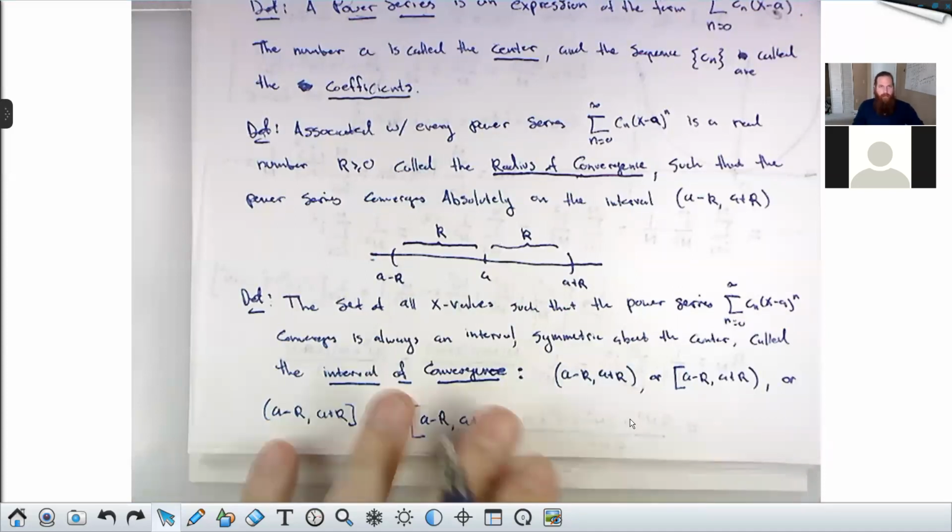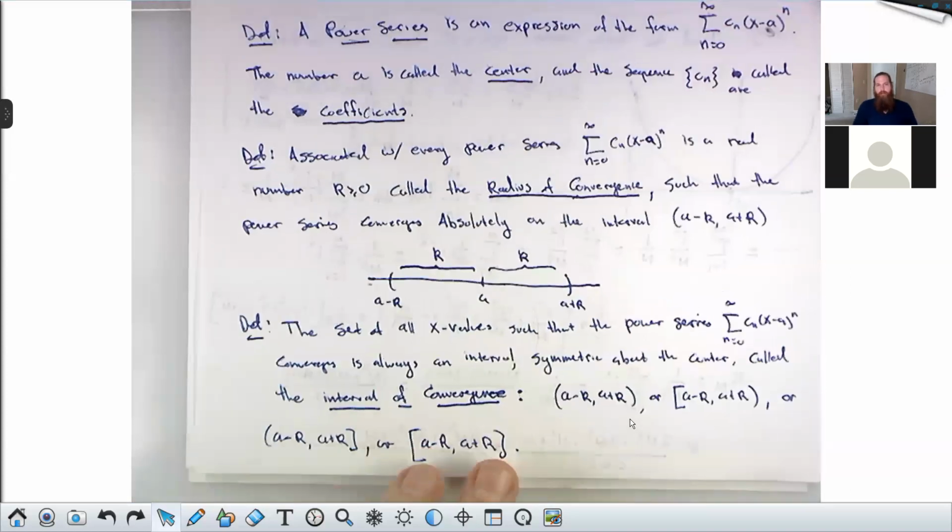Questions on what any of these definitions are describing? If the interval of convergence is open, then the series necessarily diverges at both endpoints, because the interval of convergence is defined to be the set of all x values such that the series converges.